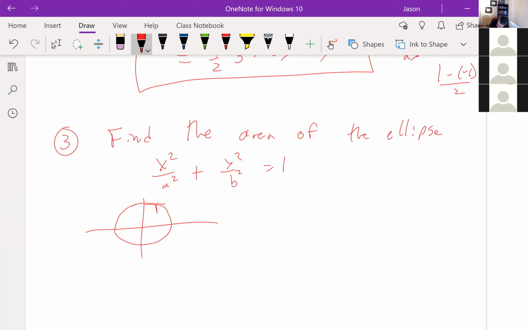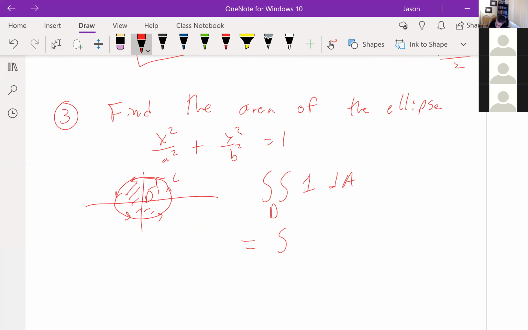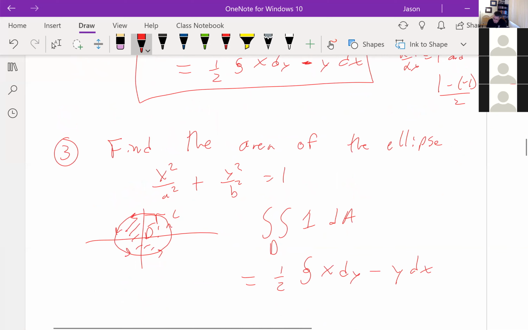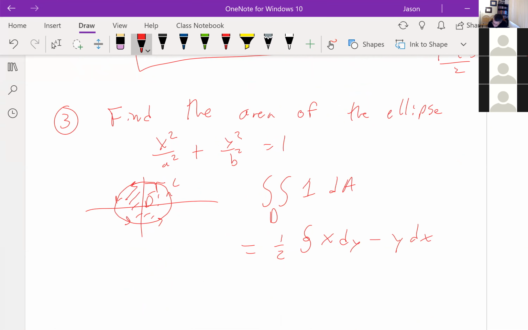It's positively oriented, C, and we want to know the area of D. So I'm going to say that this is the double integral of 1 dA over D, and that this is equal to the line integral of x dy minus y dx, the positively oriented integral of this thing. So I'm going backwards.